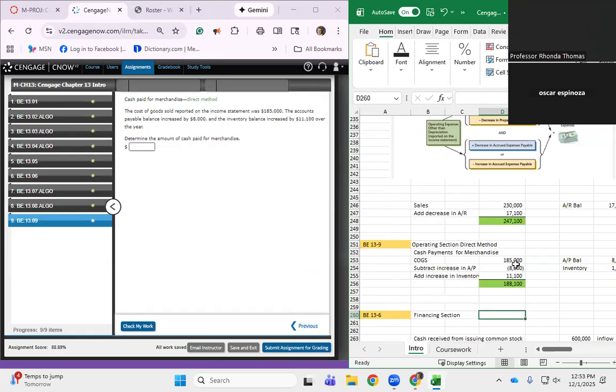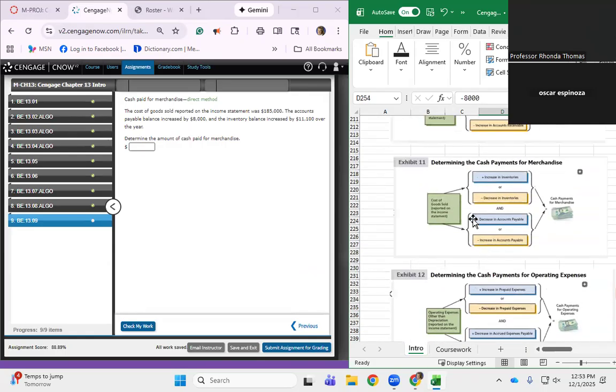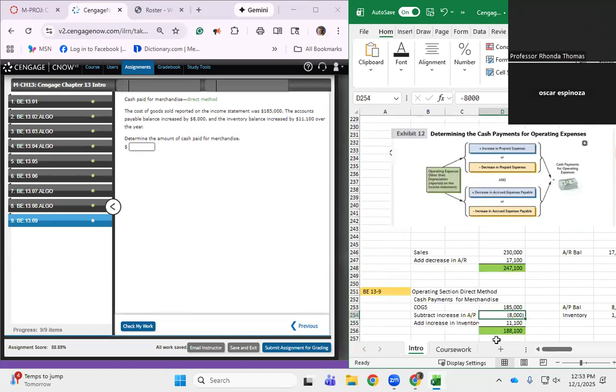So, what do you do with an increase in accounts payable? An increase in accounts payable gets subtracted from the cost of goods sold, because this is a cost, not a sale. Okay, it gets subtracted. So what is the amount? We're going to subtract that increase in accounts payable.